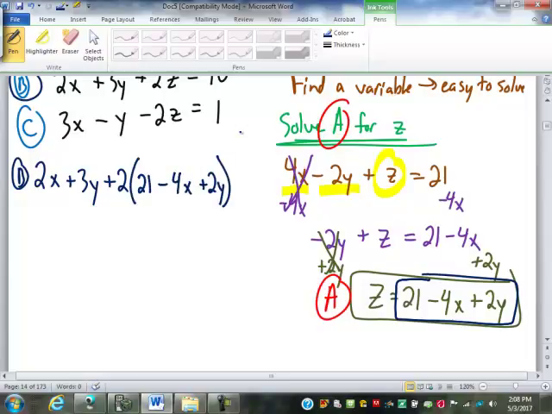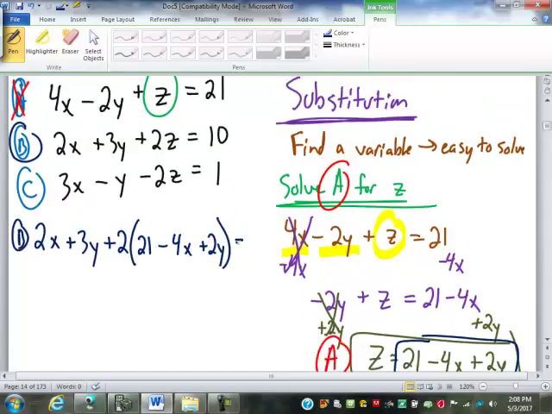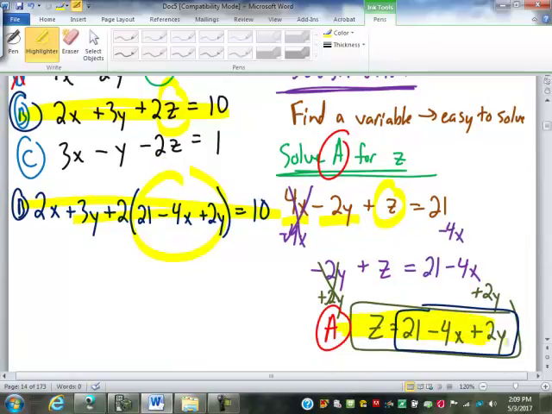And of course that equals 10. So all I've done there is I rewrote equation B, only I replaced z with that expression that I got from solving equation A. So here's my first substitution.